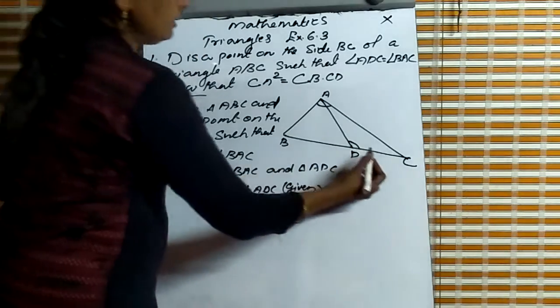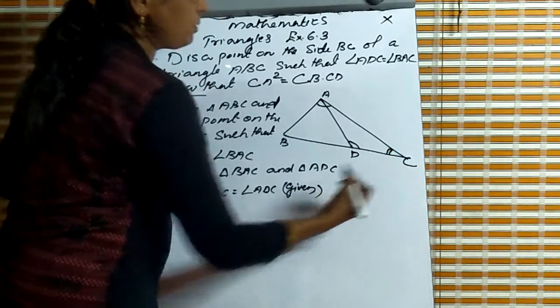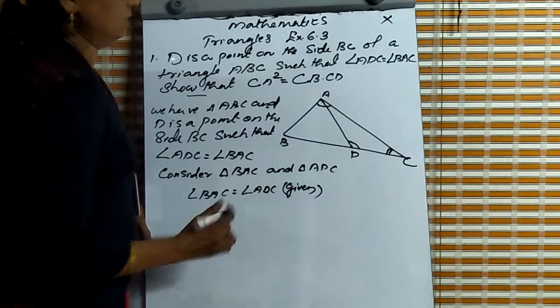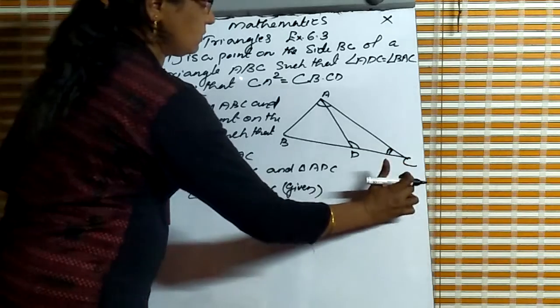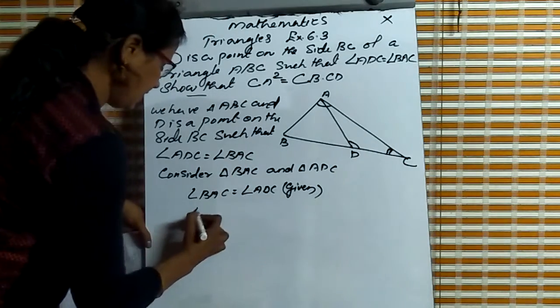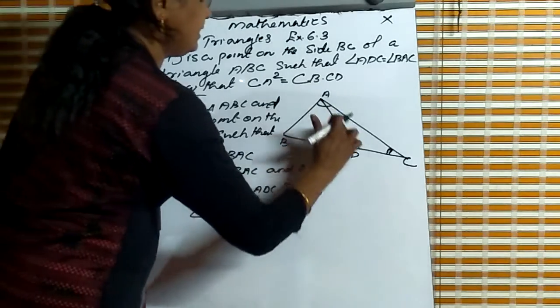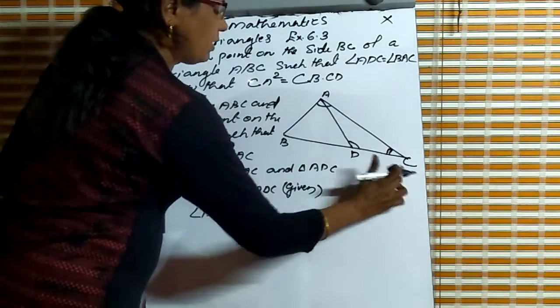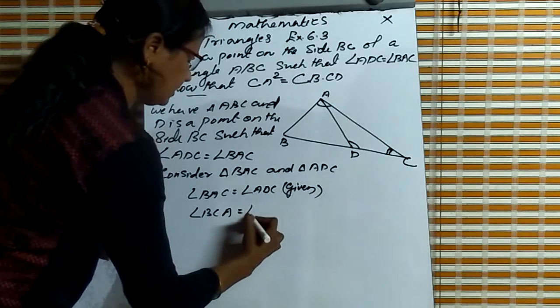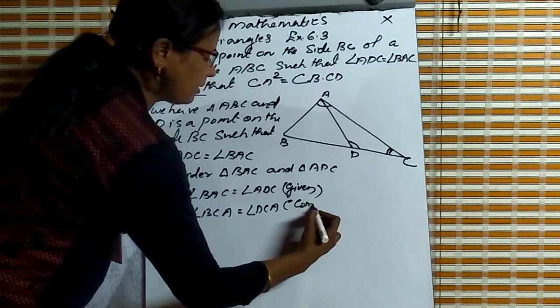Then this angle C is common for both the triangles. In triangle ABC, the name of angle C is angle BCA. Angle BCA is equal to, in triangle ADC, the name of angle C is DCA. Reason: common.